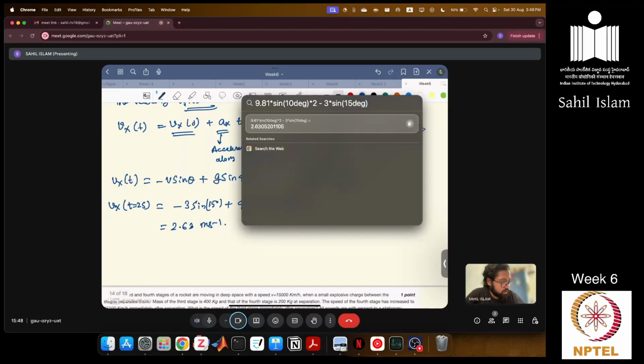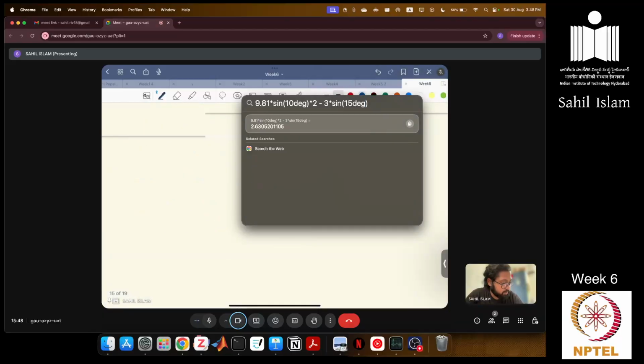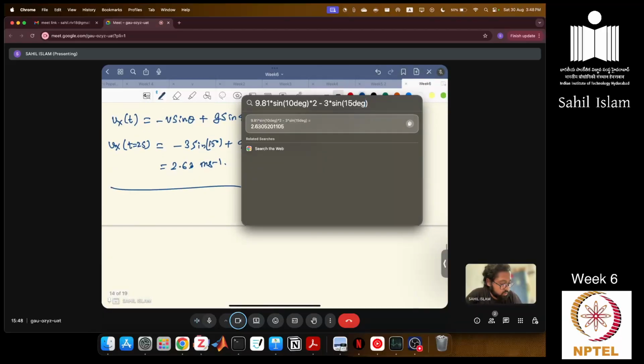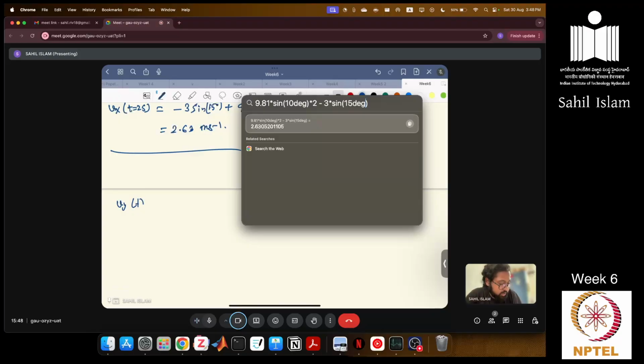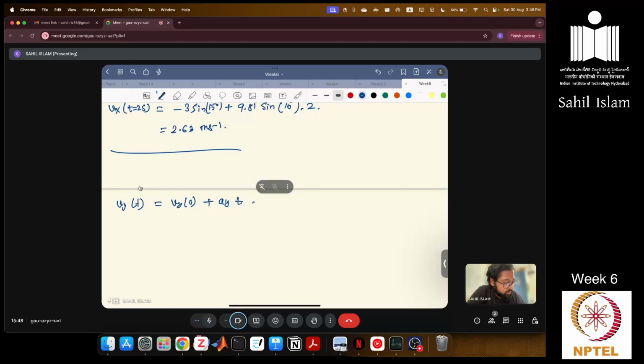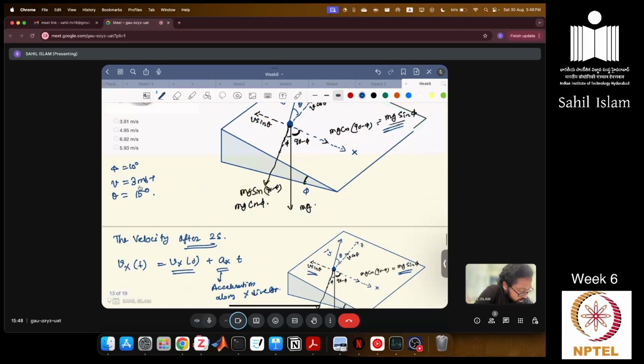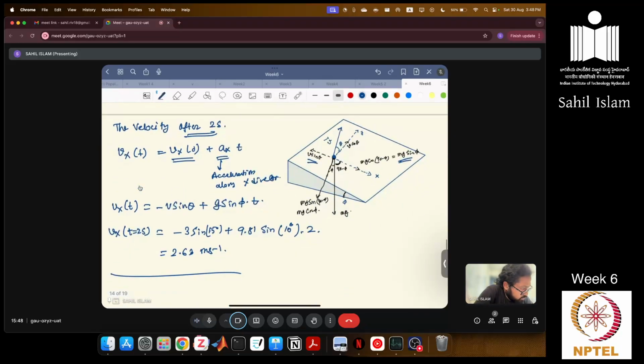Now the same thing we can do along y direction also. So along y direction we have Vy t equals Vy0 plus Ay t, V equals u plus at, that formula we are using. Now what is Ay? See, there is no force acting along y direction.